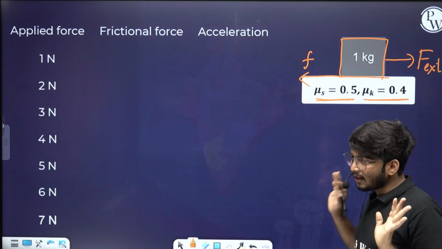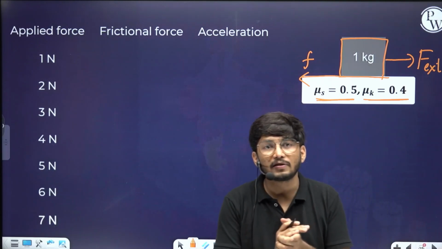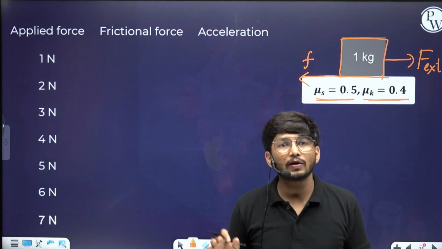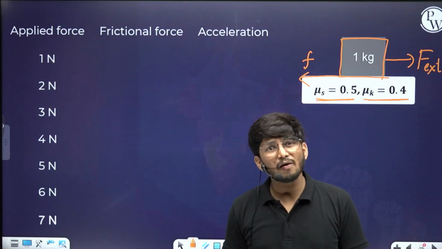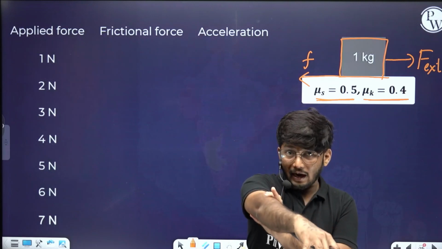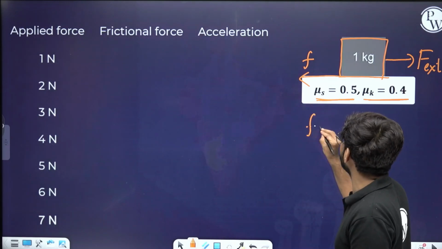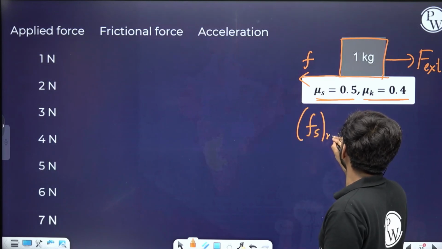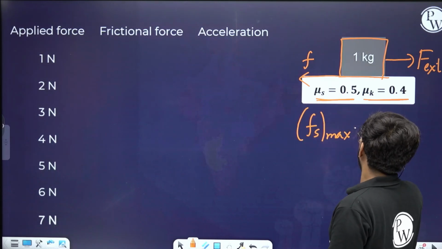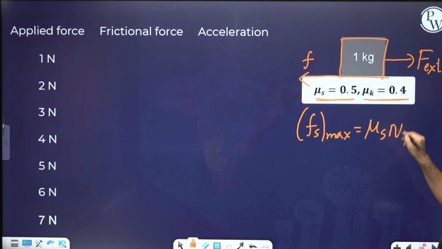In all types of friction problems, I should know when the block moves. It moves when the external force is more than the limiting value of static friction. So we need that limiting value. Fs max is mu s into n, correct?